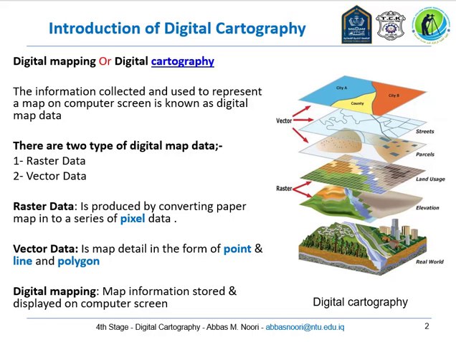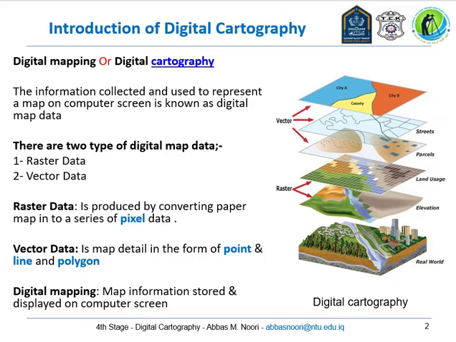What is digital cartography? Digital cartography is the information collected and used to represent a map on a computer screen, known as digital map data. Actually, there is a difference between cartography and digital cartography.